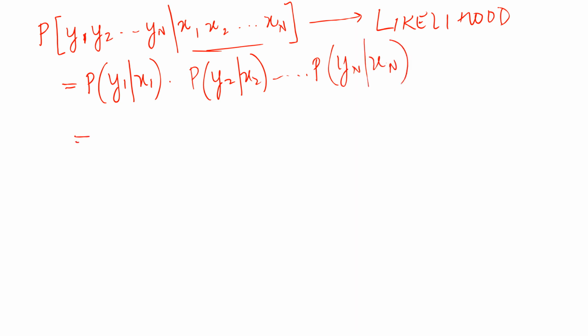Which in turn can be written in a more compact form, which is the overall product from n equals 1 up to n of P of y of n given x of n, right? So this is how in a very compact form we can write this probability of observing my y's essentially, right?